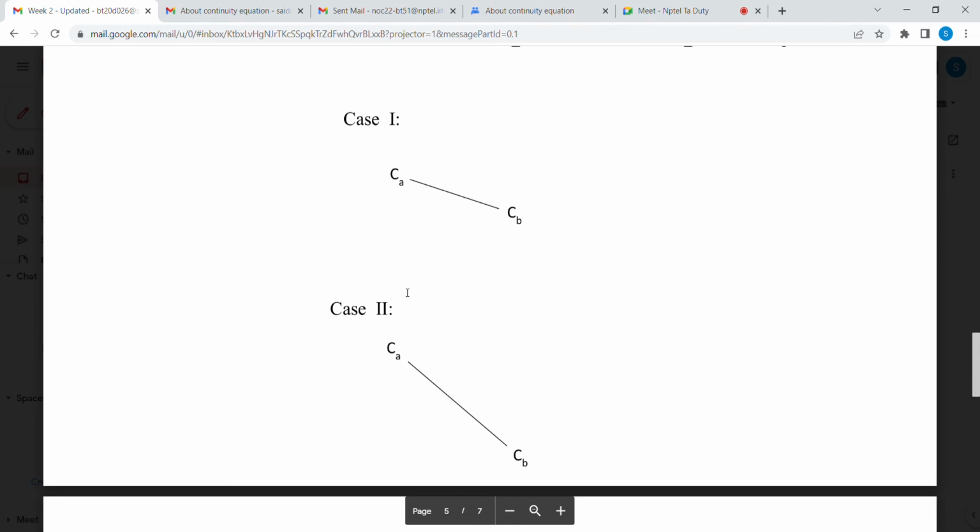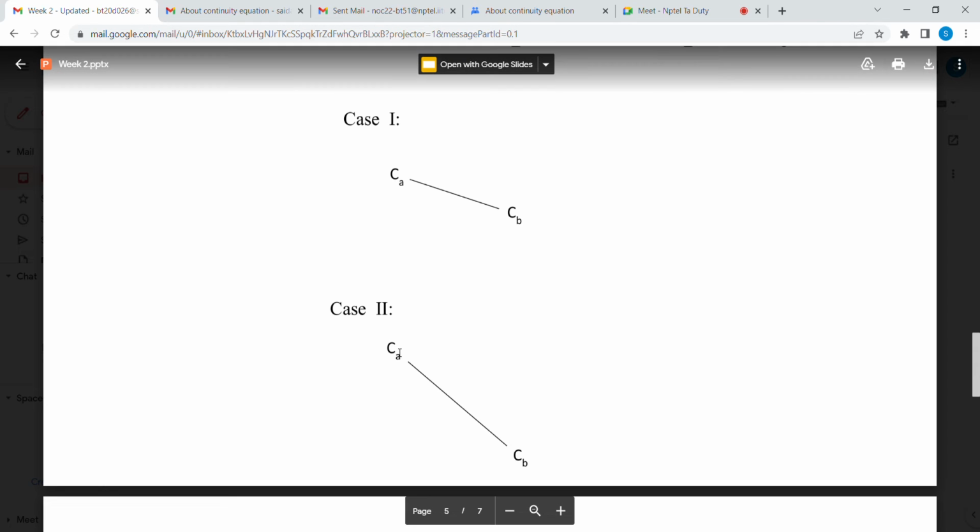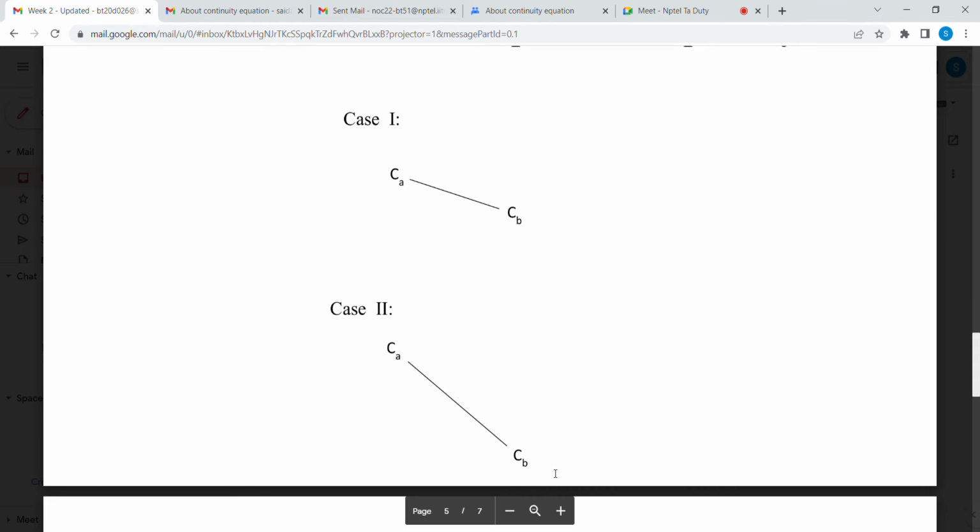Let's take arbitrary values. If the concentration is 100 units here, let's say the concentration there is 80 units. But here, if the concentration is 100 units, the concentration there is 20 units. So the concentration gradient is steep, correct? So for the same molecule, the same particle, the same system, if you apply a higher concentration gradient, you will have a higher diffusional flux.